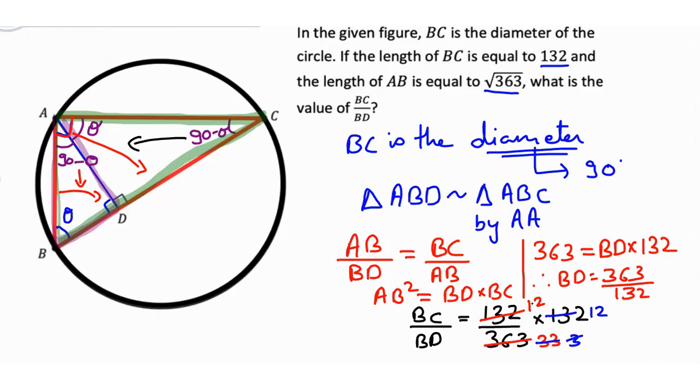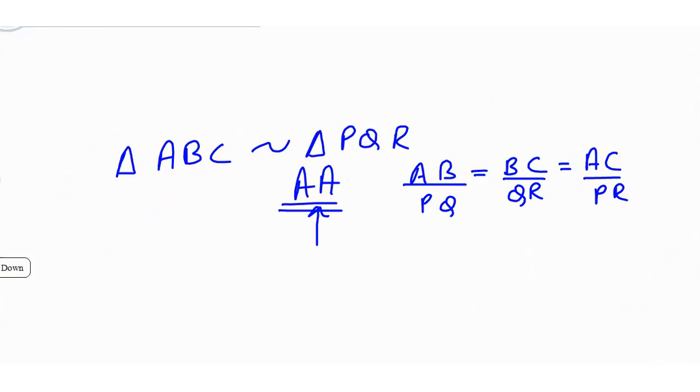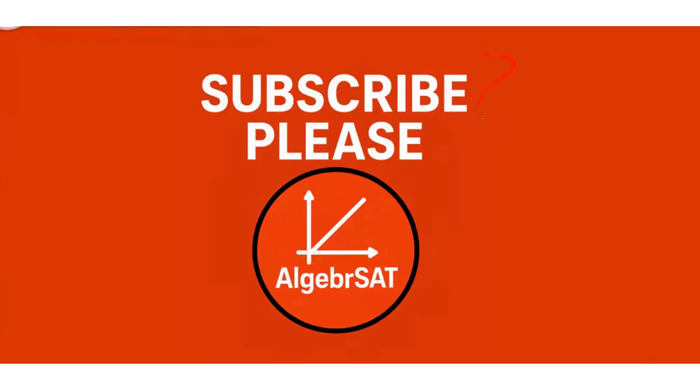And this is cancelled 4 times. So the value we are getting is 4 into 12, that is 48. So this is the answer. The ratio of BC upon BD we have to figure out. So it's coming as 48. This is the ratio. And please remember to do this also.